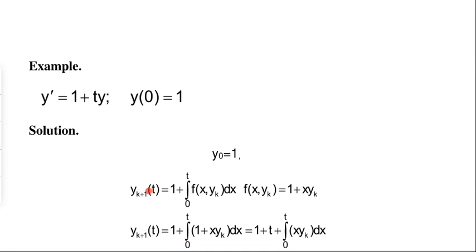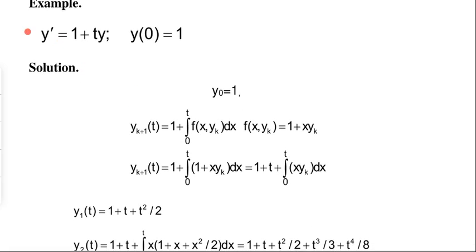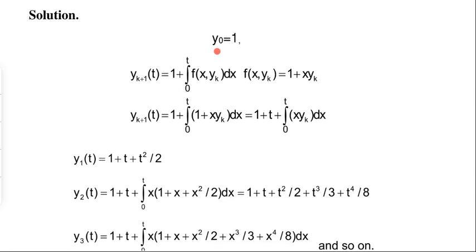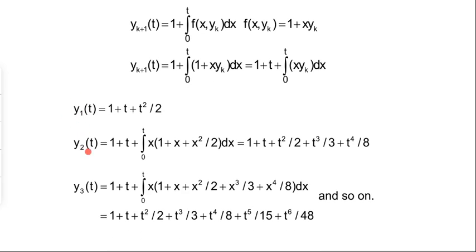Also, as another example, we have this equation subject to this initial condition. Again, based on the algorithm of Picard's iteration, we can obtain y(k+1) from yk. From y0, we can obtain y1. From y1, we can obtain y2.